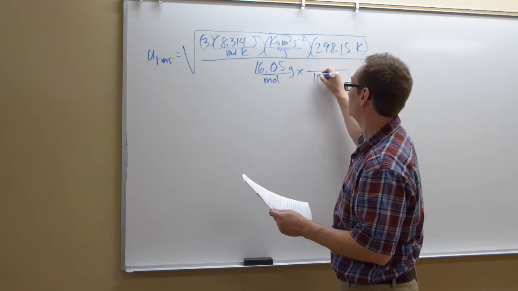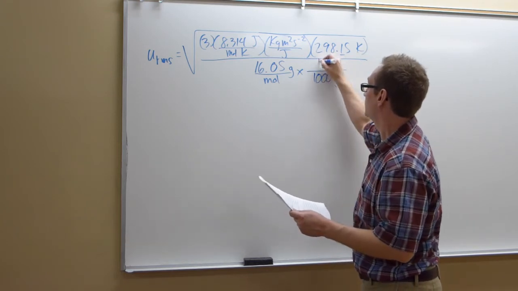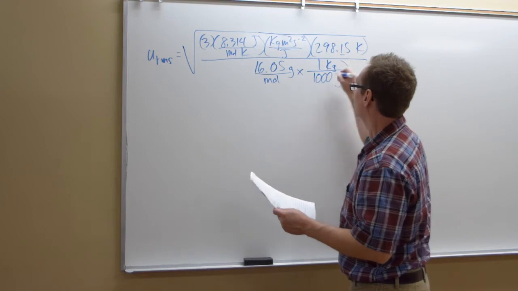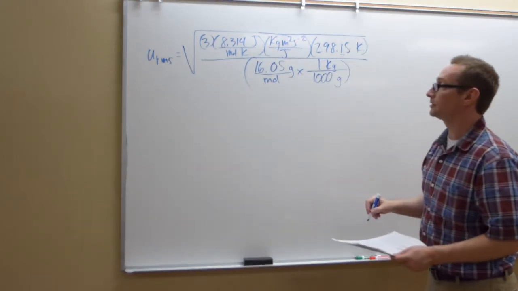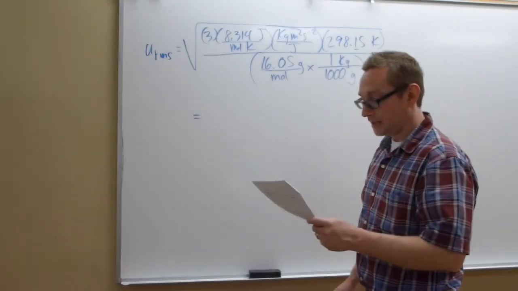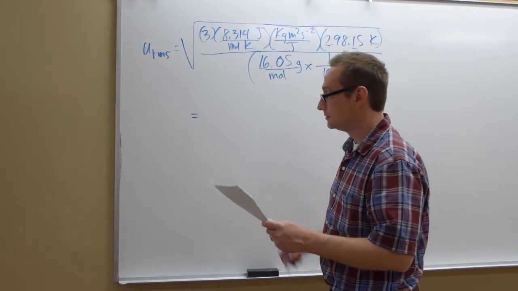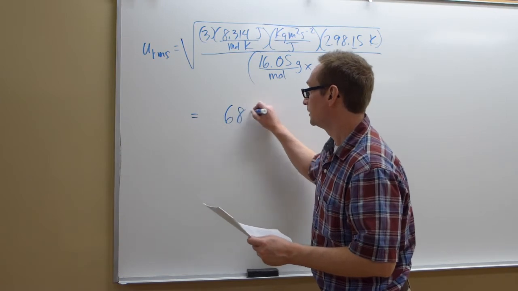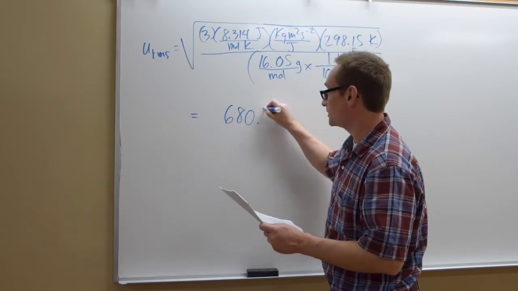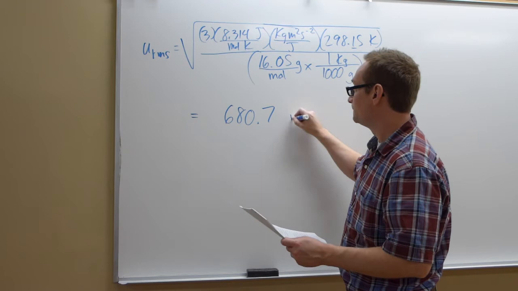And of course you have 1,000 grams per kilogram. All right, so anybody get an answer? 680.8. I got 680.7, but maybe I'm off by one. All right, I'll just put 680.7. I have to double check this.